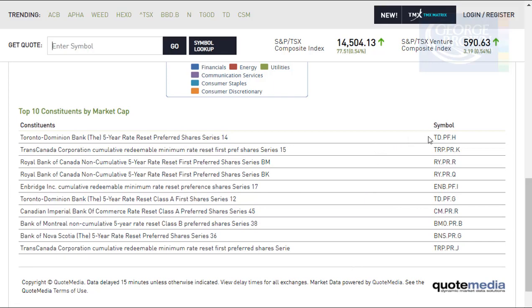TD Bank, so it would be TD preferred Series H is still trading, and then TransCanada is an energy company, and then we get into some Royal Bank of Canada preferred series. Okay, so you can see ry.pr.r, that's Series BM, ry.pr.q is a Series BK, and then we get to an Enbridge preferred share, which is again a pipeline energy company, followed by another TD series preferred.